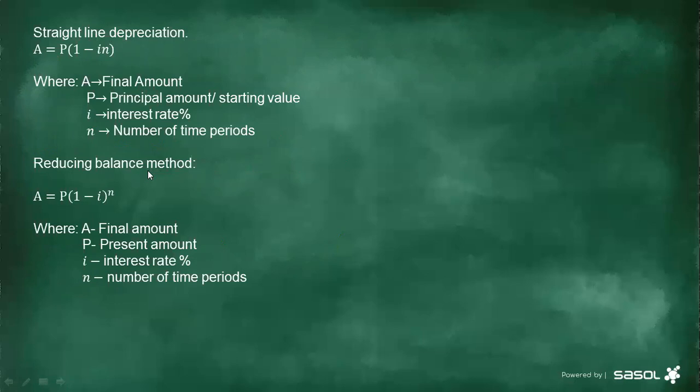The same applies with reducing balance. You must think of compound interest, but now we have a negative there. The values of P, A, i, and n are the same as with reducing balance: final amount, present amount, the interest rate in terms of percentage, and the number of time periods.